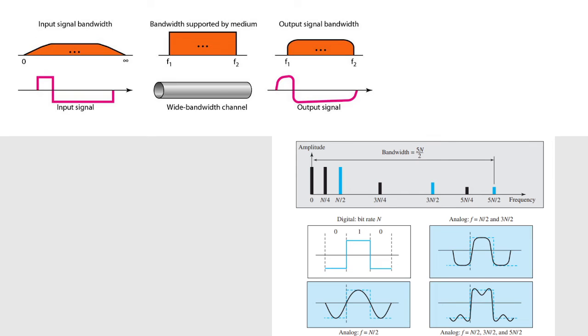We can define it like this: as distance increases, distortion in the input signal happens and we are not able to get proper output. So this is wide bandwidth, and the picture below is about narrow bandwidth.